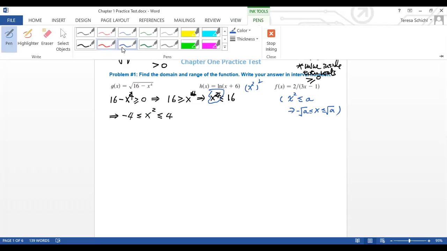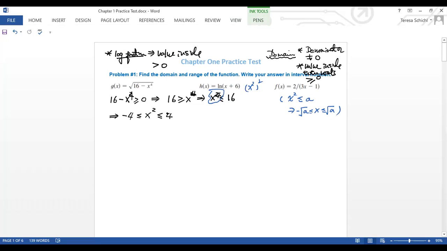From this side, x squared is less than or equal to 4 and greater than or equal to negative 4. But x squared is always greater than or equal to 0, so this really tells us x squared is less than or equal to 4. Now I do the x squared break one more time.